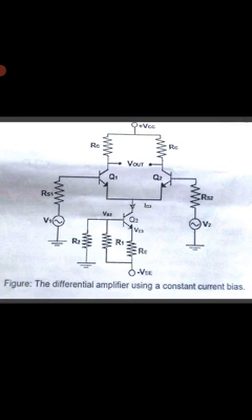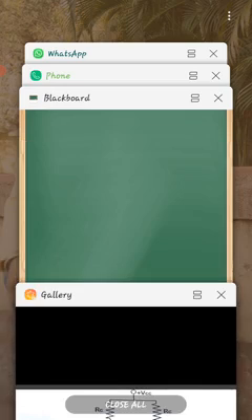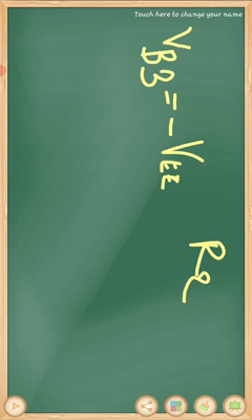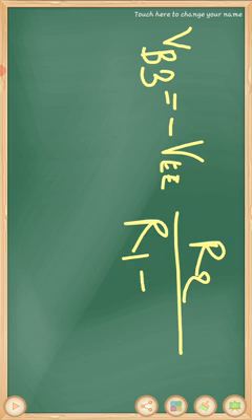The base terminal voltage of the Q3 transistor is VB3 equal to minus VEE times R2 divided by R1 plus R2.